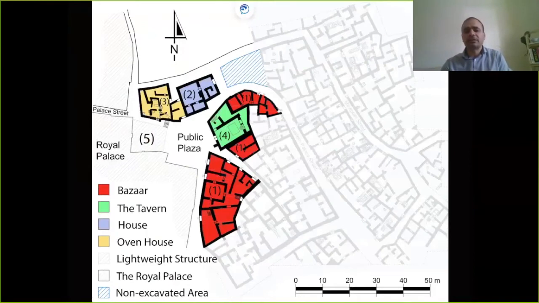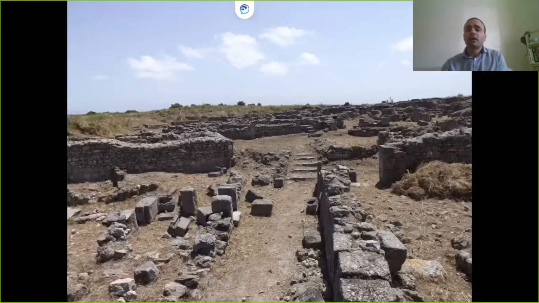So you can see this is the plaza, this is the palace, this is a tavern, this is a bakery, and these are some domestic and commercial functions. So you can see it's a very simple plaza, a very simple open space linked to the Syrian culture, but also linked to the social cohesion, especially between people and their royal family.